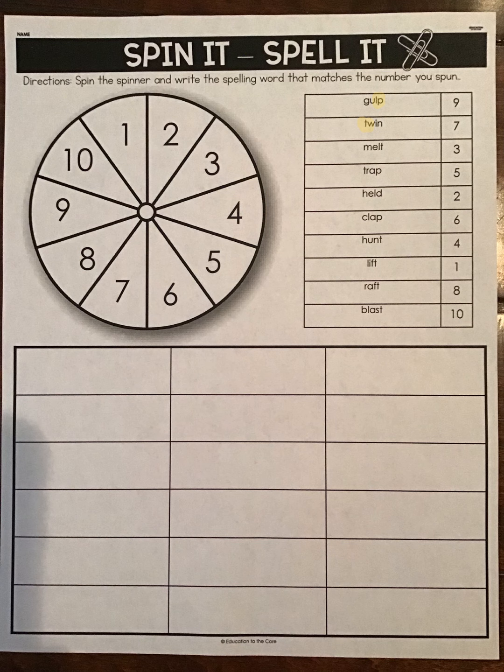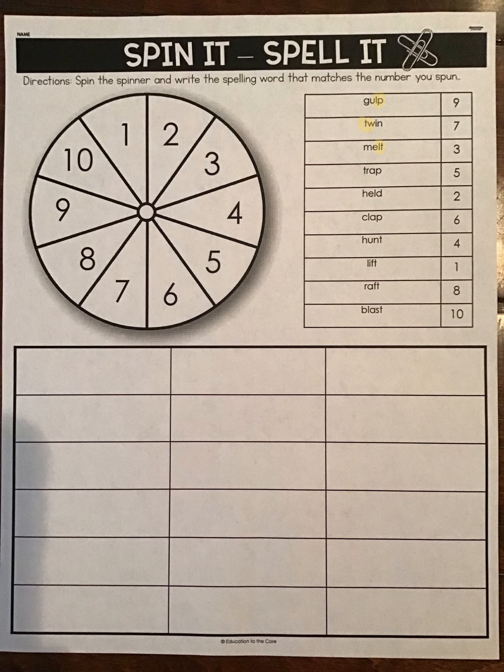Our third word is melt. Finger stretch. M-e-l-t. And I can find that L blend at the end of melt. My fourth word is trap. T-r-a-p.